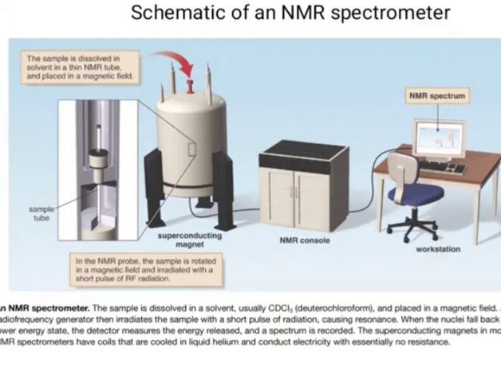In the NMR probe, the sample is rotated in the magnetic field and irradiated with a short pulse of RF radiation. Our sample is kept inside the probe and there is a magnetic field.